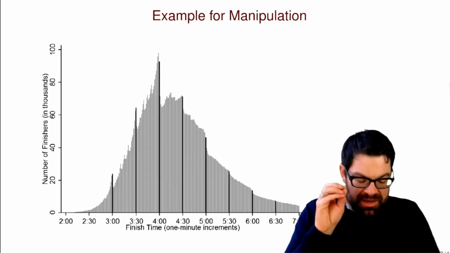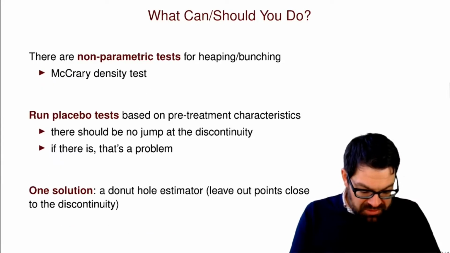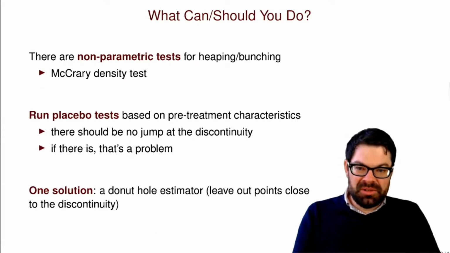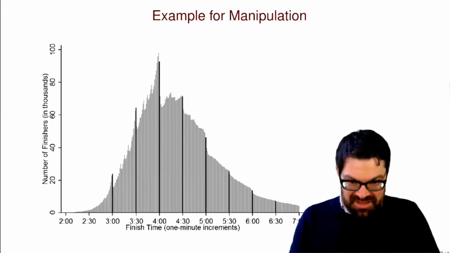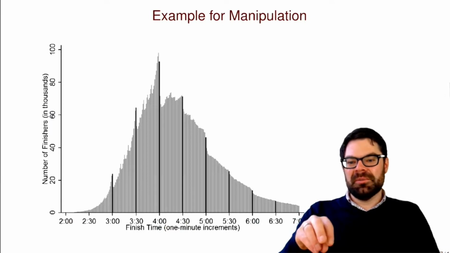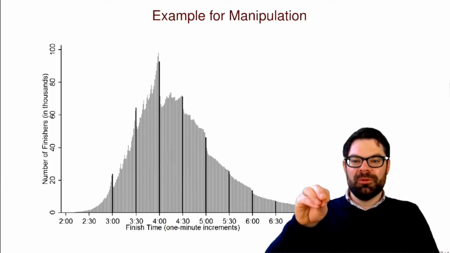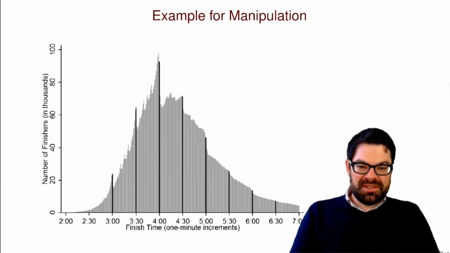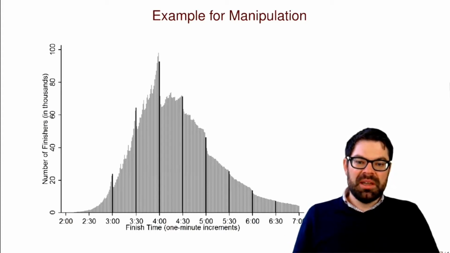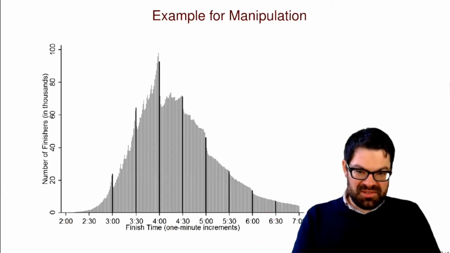So if the manipulation is small, what you can do is, first of all, there are non-parametric tests. Not only should you plot out this density for the outcome variable, but also for other characteristics of the units in your sample, and see, is the density smooth or not?